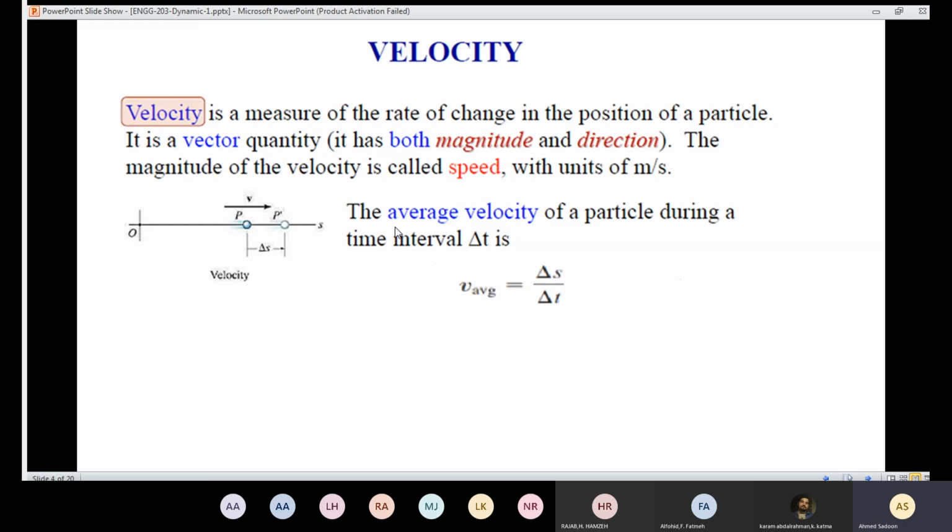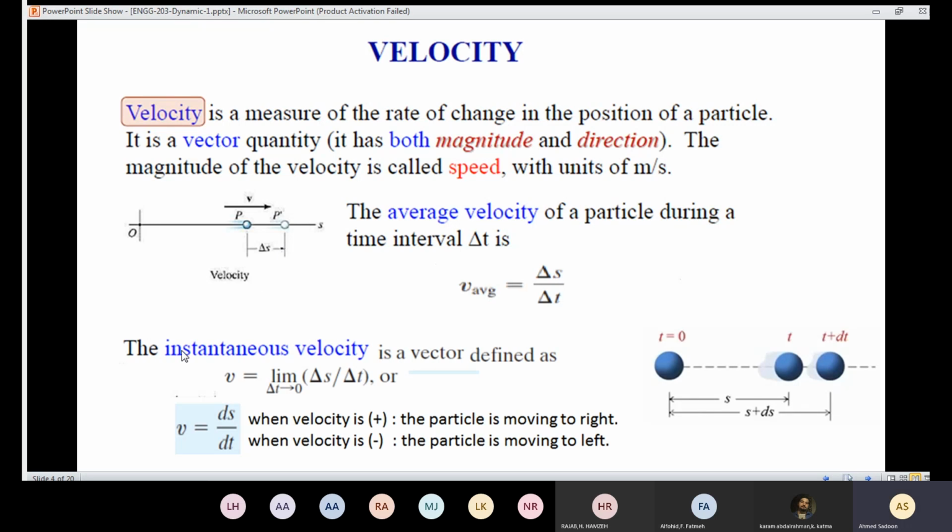In that case, if I want to know the average velocity, it's going to be the displacement over the time interval, the time from here to here. And we define this as the average velocity. So if a particle was initially here and then moved there, I'm able to determine the average velocity by determining the displacement, and dividing it by the time interval, the time from here to there.